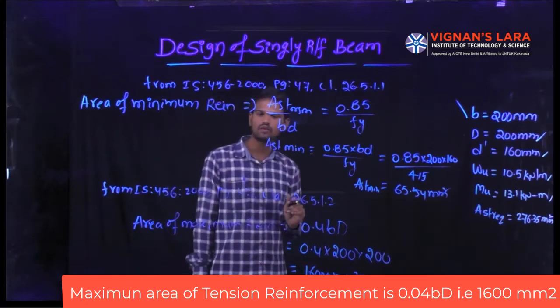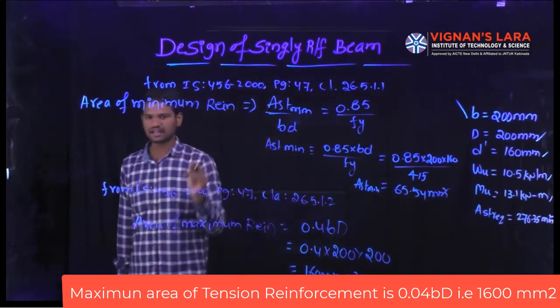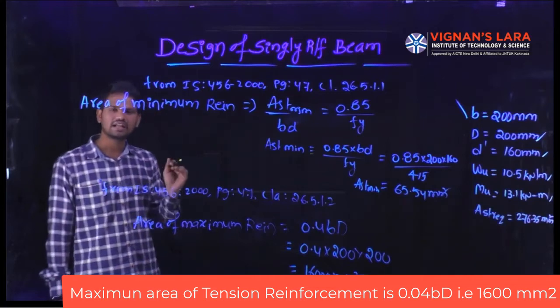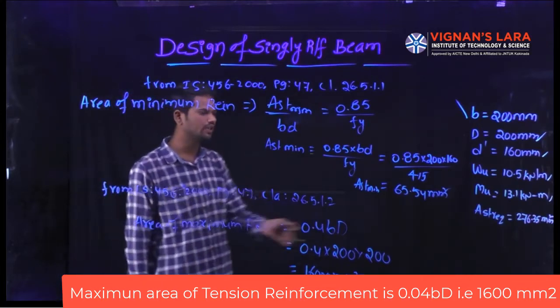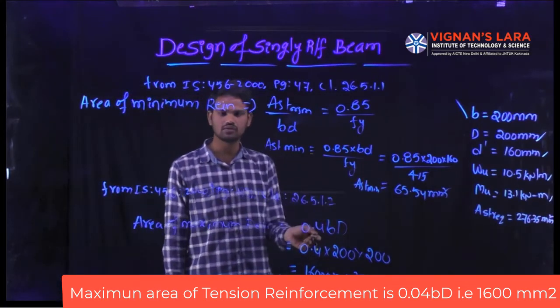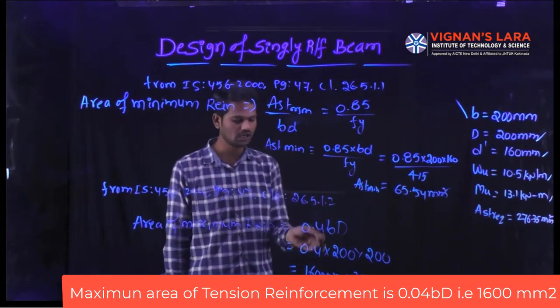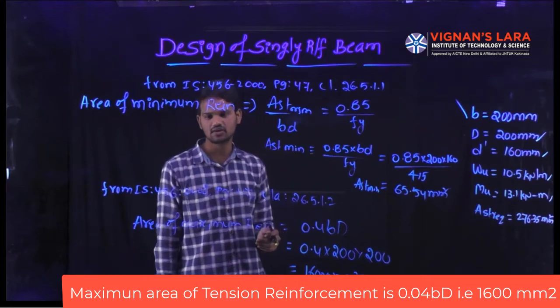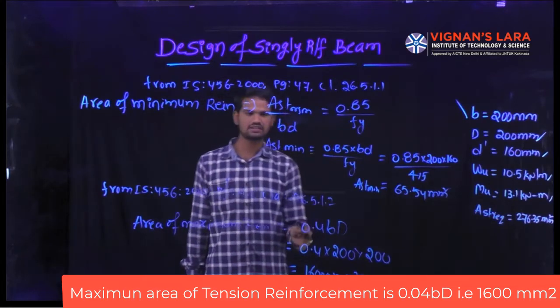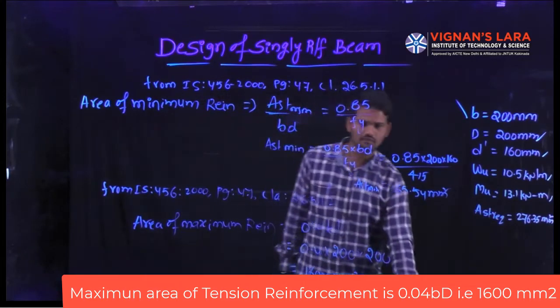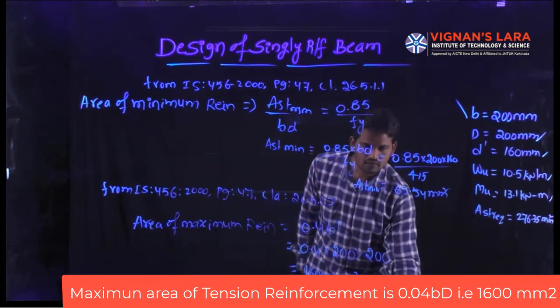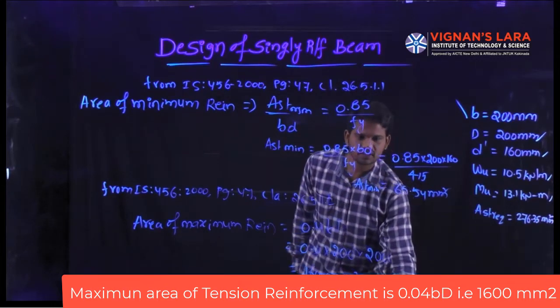That means the amount of steel you are providing in the singly reinforced beam has to be kept in between these values. That means you have to provide more than 65.54 mm square, as well as less than 16,000 mm square. Stop here.